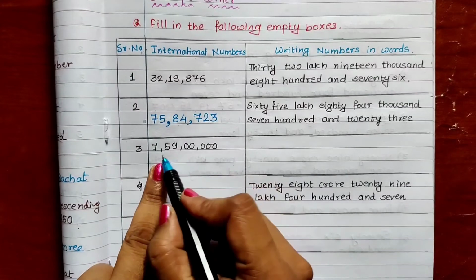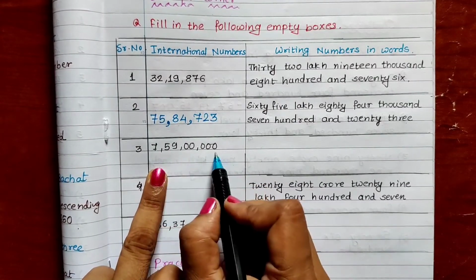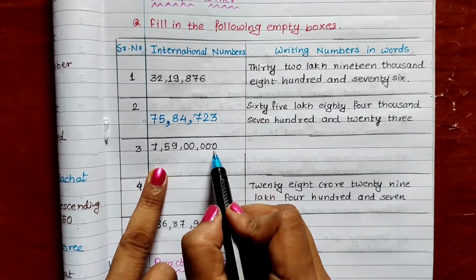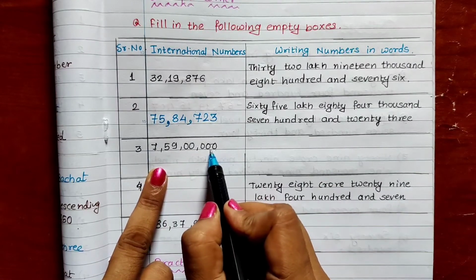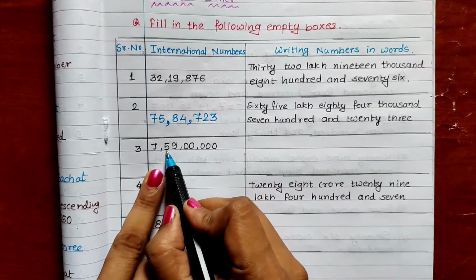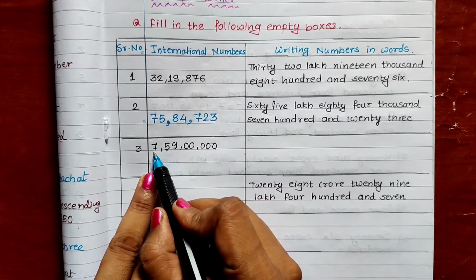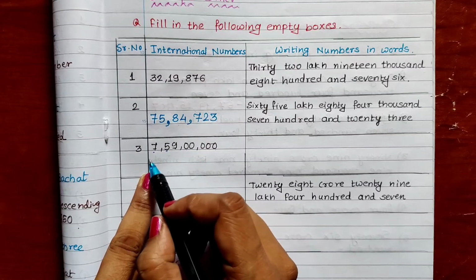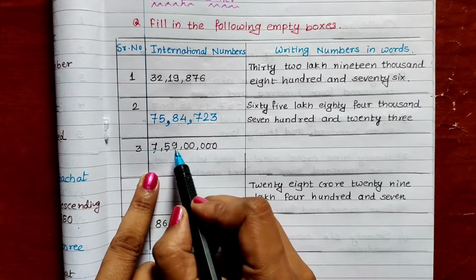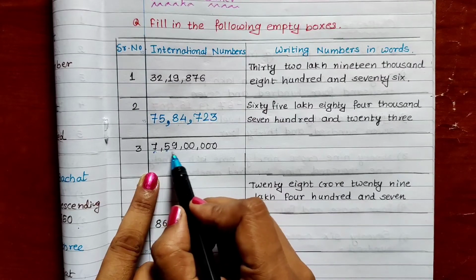Now let us see what is next. The number is given, we have to write in words. See, count the digits, start from the unit place: unit, tens, 100, 1000, 10,000, lakh, 10 lakh, and the last number is at the crore place. Because this is an 8 digit number, 7 is at crores. So 7 crore. Then lakh and 10 lakh together we make one pair and write lakh.